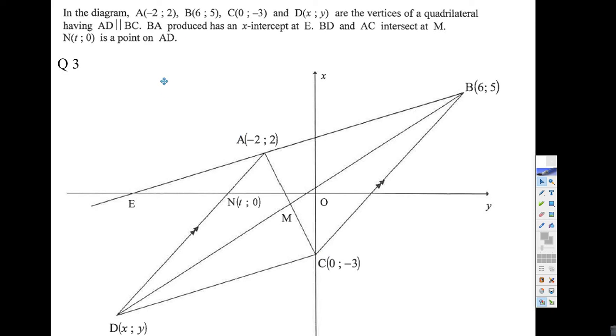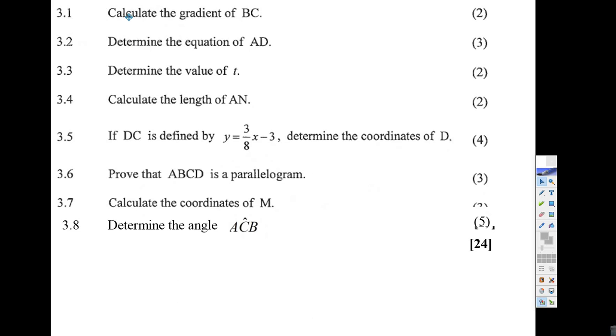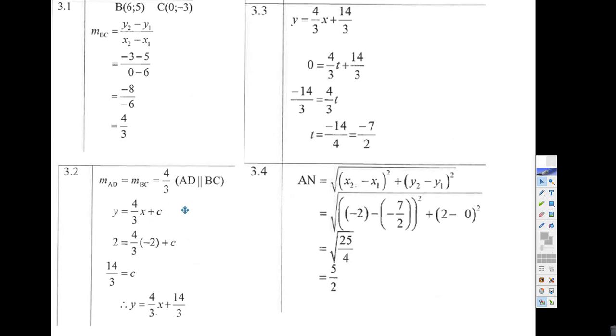Well, there you go. You could put that gradient of 4 over 3 into the formula y minus y1 equals m times x minus x1, and take the point where x is minus 2 and y is 2 and put it in that formula. You'll get the right answer. But you can put it into y equals mx plus c. It works just as well. We know m is 4 over 3, so we put 4 over 3 in there.